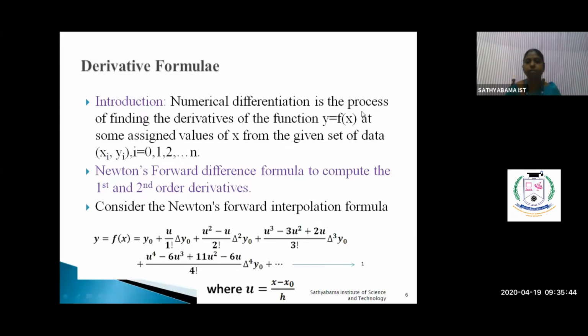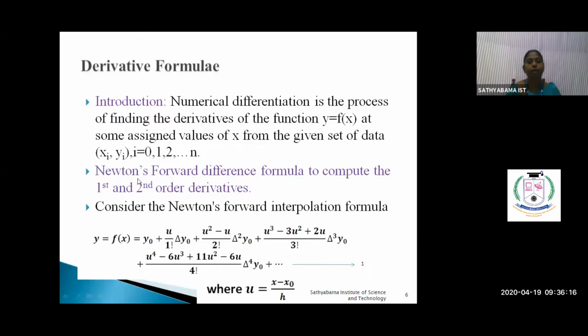Numerical differentiation is the process of finding the derivatives of the function y equal to f of x at some assigned values of x from the given set of data xi, yi, where i varies from 0, 1, 2, 3, etc., n. Note down, we are going to find the derivative formulas only for equal intervals of x. Is it clear?